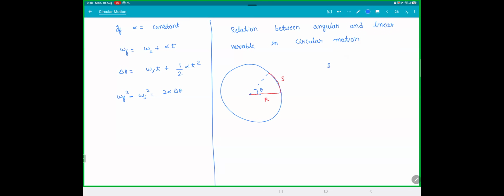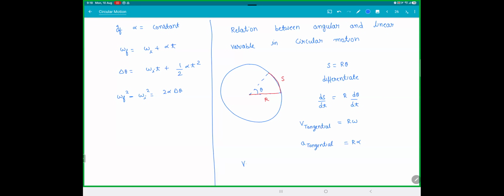So we have s is equal to r theta. If you differentiate it, r is constant, so it kind of works out. If r is also variable, you have to use the product rule. We get r d theta by dt, which becomes v tangential, so this becomes r omega. If you differentiate again, we get a tangential, which is r alpha.